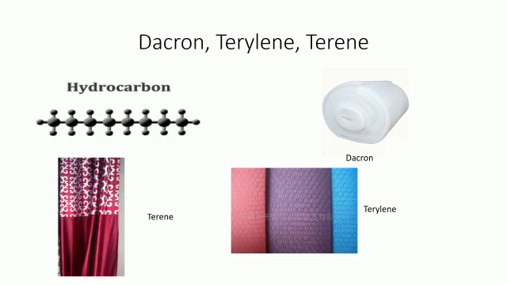Dacron, Terylene and Terene. Various hydrocarbons obtained from mineral oils are used to make polymer chains. Hydrocarbons are organic compounds consisting entirely of hydrogen and carbon. Polymer chains are long, continuous chains formed by small interlinked chemical units.